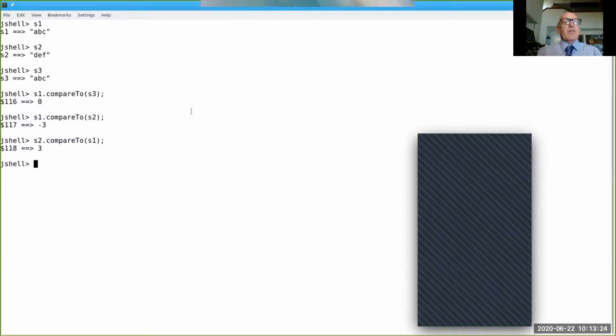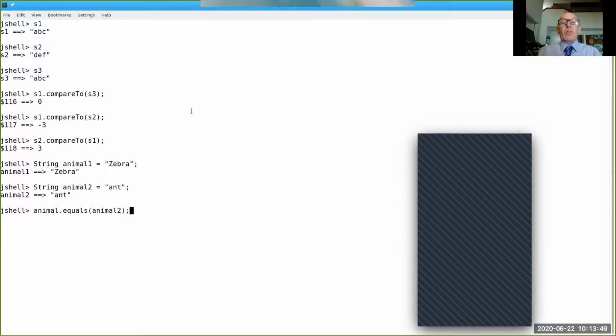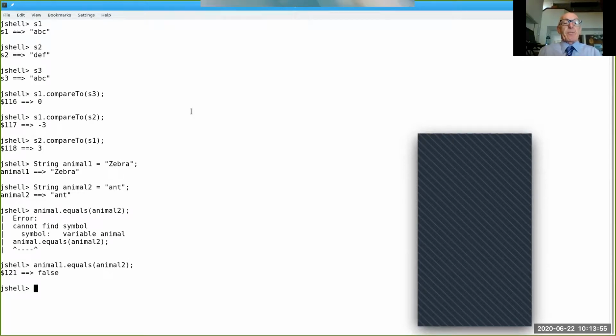Let's say I have string animal1 equals something. There's also one other thing I can use, by the way. I can say animal1.equals(animal2). That's another way to do a quick equality comparison. And that comes out to be false.